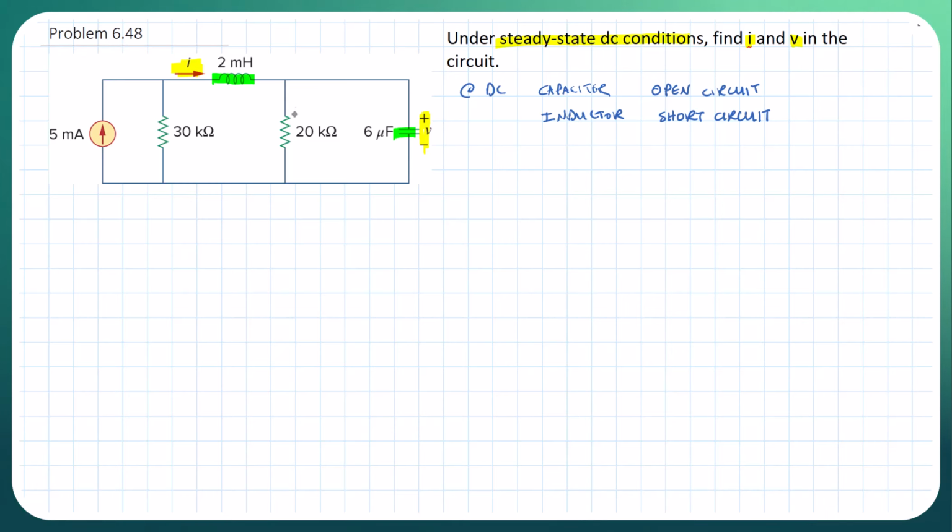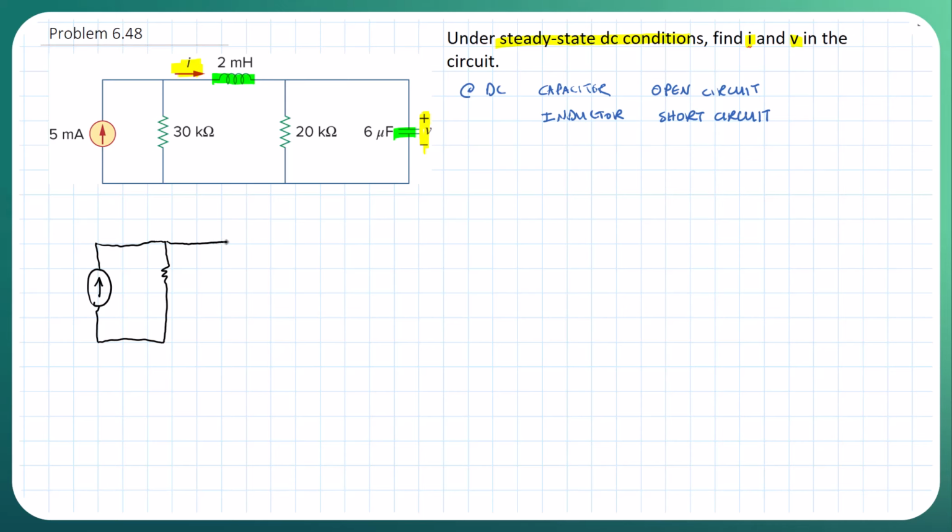So now we can redraw the circuit to display that. So let me go ahead and try to redraw this here. We have our current source going up here. We have our resistor.